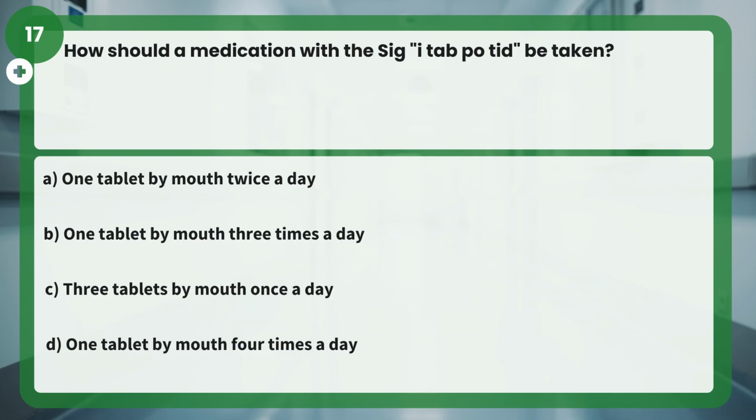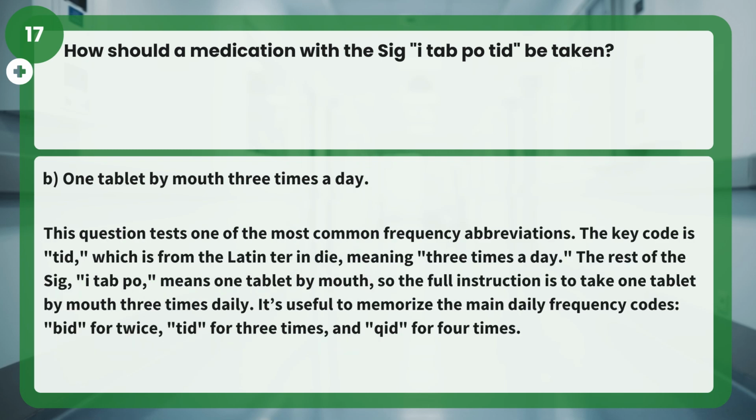Question 17. How should a medication with the SIG i tab PO TID be taken? A. 1 tablet by mouth twice a day. B. 1 tablet by mouth 3 times a day. C. 3 tablets by mouth once a day. D. 1 tablet by mouth 4 times a day. Answer: B. 1 tablet by mouth 3 times a day.